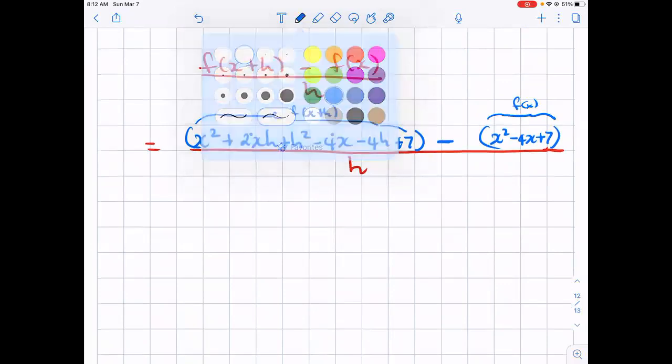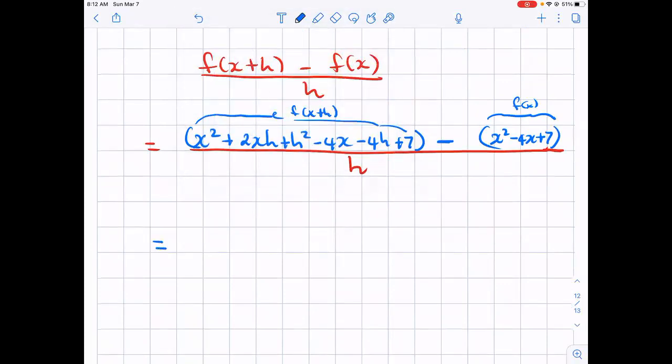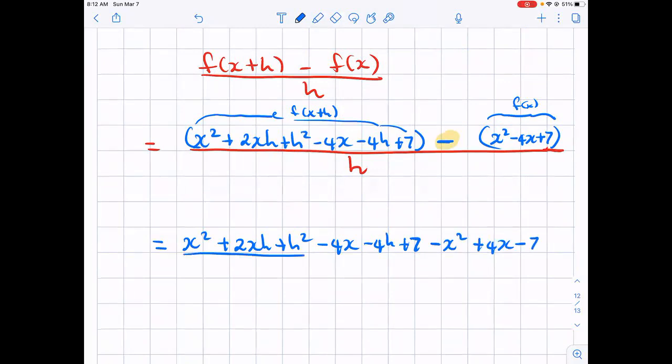If we simplify this, we have x squared plus 2xh plus h squared minus 4x minus 4h plus 7, and be very careful here, because a lot of times when you distribute, you get minus x squared plus 4x minus 7, everything over h.